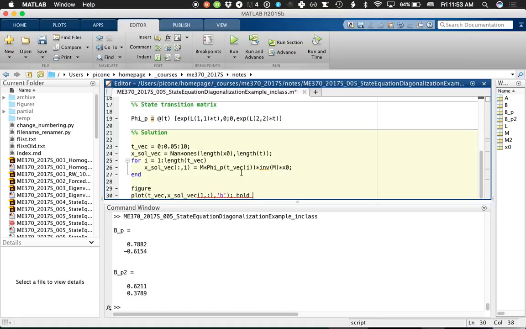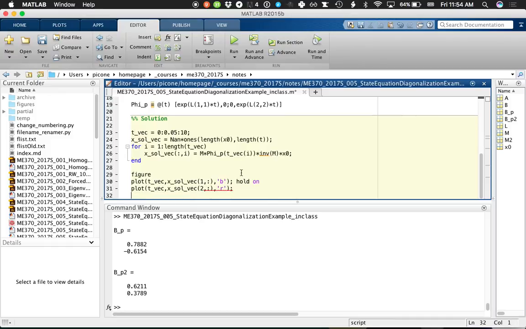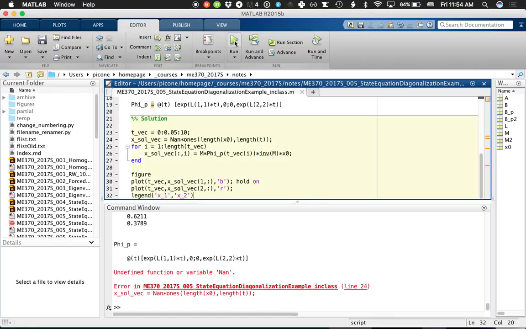Hold on. And then I'll plot the second row, which is x2, and I'll make it red. And I'll do a legend, x1, x2, and let's see if this runs. Oh, I have to capitalize the n. I'm going to define a variable t.